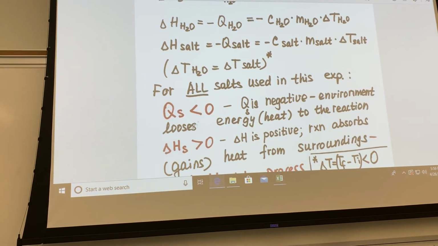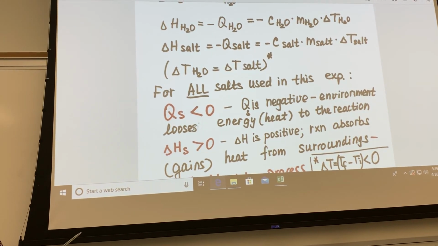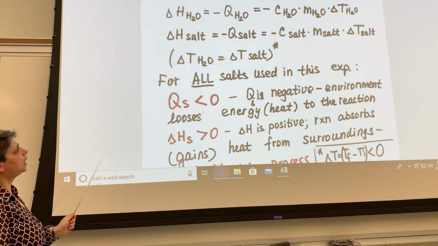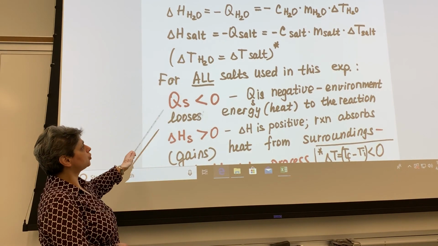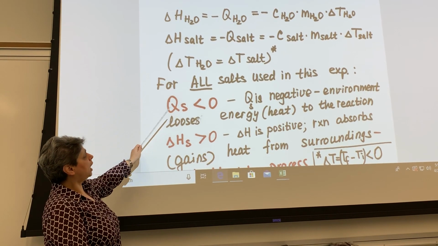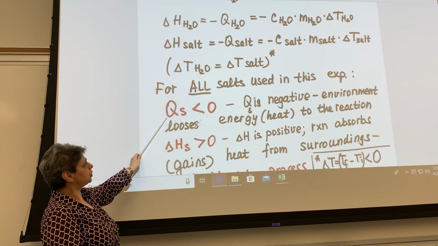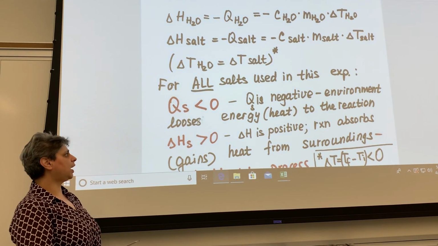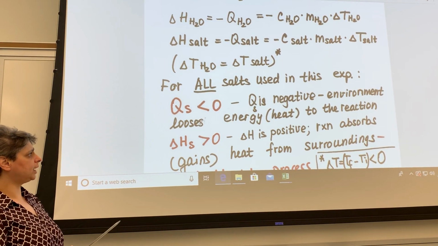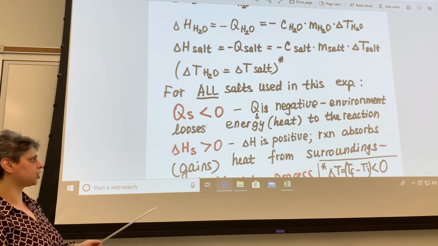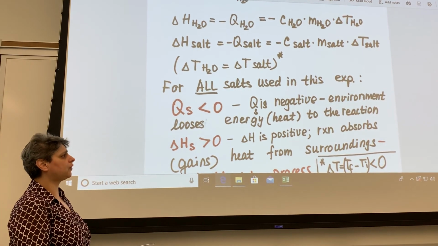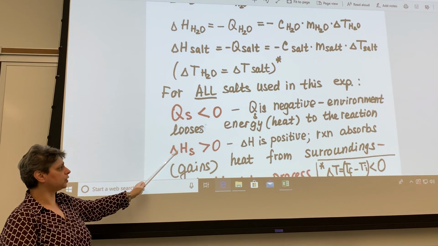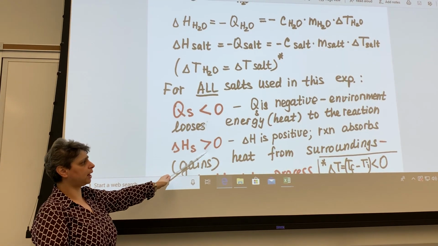So the salts that I picked for this experiment, at least if you were to do it in class, all salts used in the actual lab have such a situation where heat of solution is negative, meaning the environment donates or provides heat or loses heat to the reaction, and the reaction mixture itself absorbs heat, which means then delta H, or enthalpy change of solution, is expected to be positive.